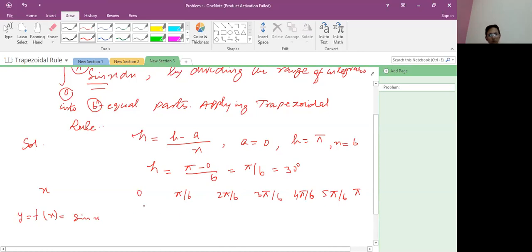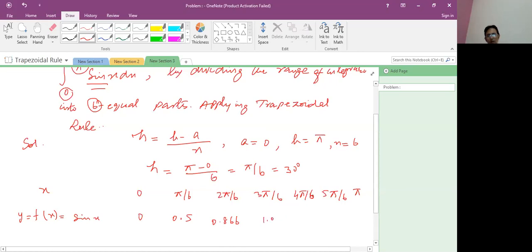So when we find the values, student, applying the calculator, sine 0 is 0. When we put here the first value x is 0, sine pi by 6 is 0.5. Applying the calculator, sine 60 is 0.866 and sine 90 is 1, you know very well.